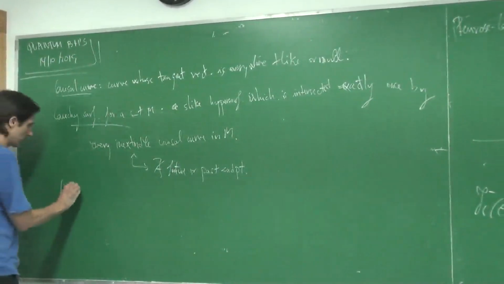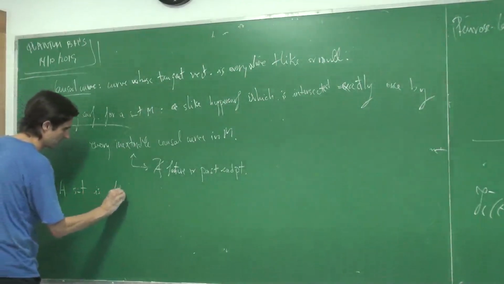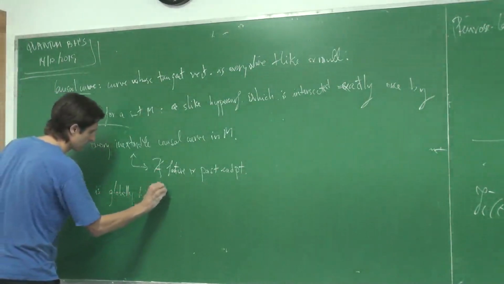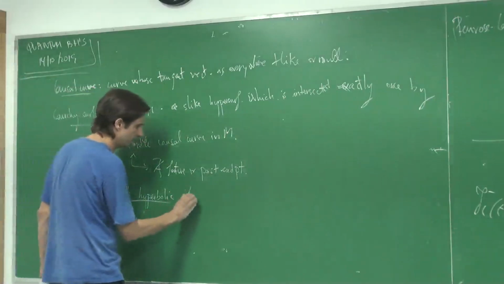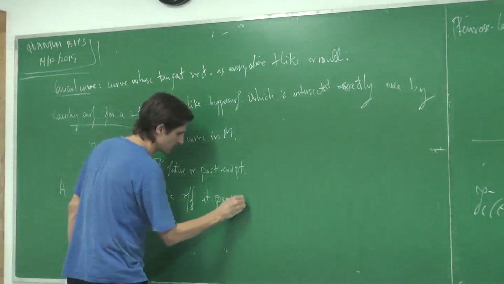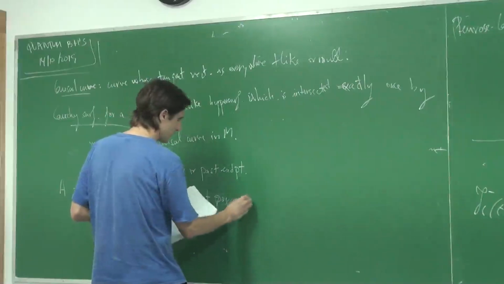Okay, and now a space-time is globally hyperbolic if and only if it possesses a Cauchy surface.